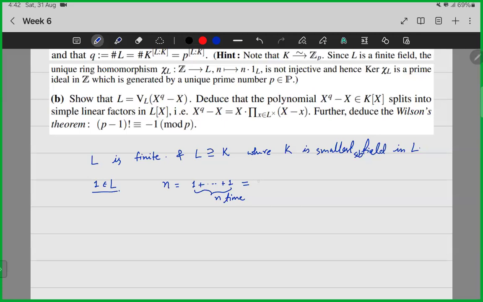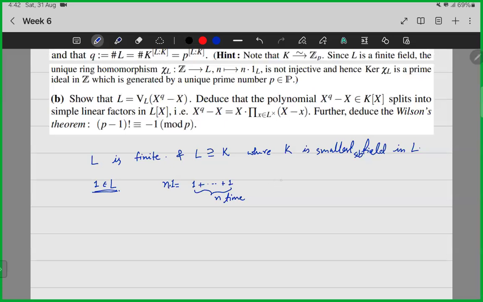If you add n times, n plus 1 times and so on, some repetition will happen. I'm writing n into 1 will be equal to some element. This is our definition, and this is our identity element.